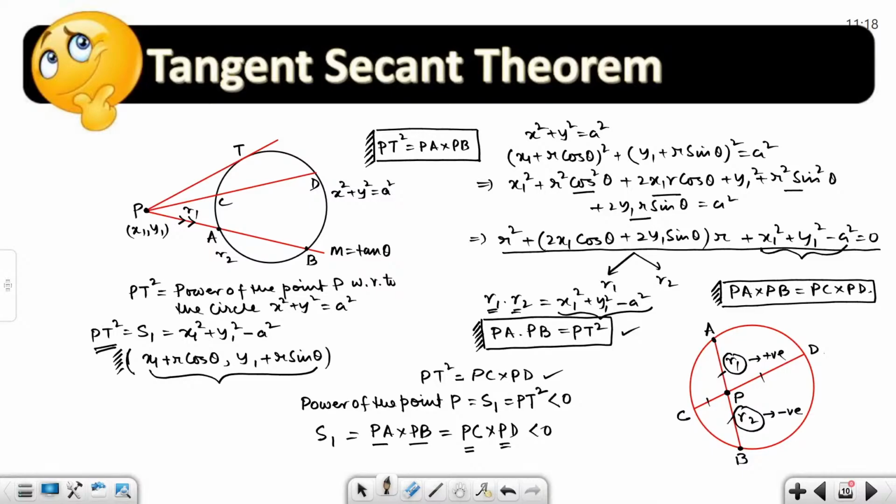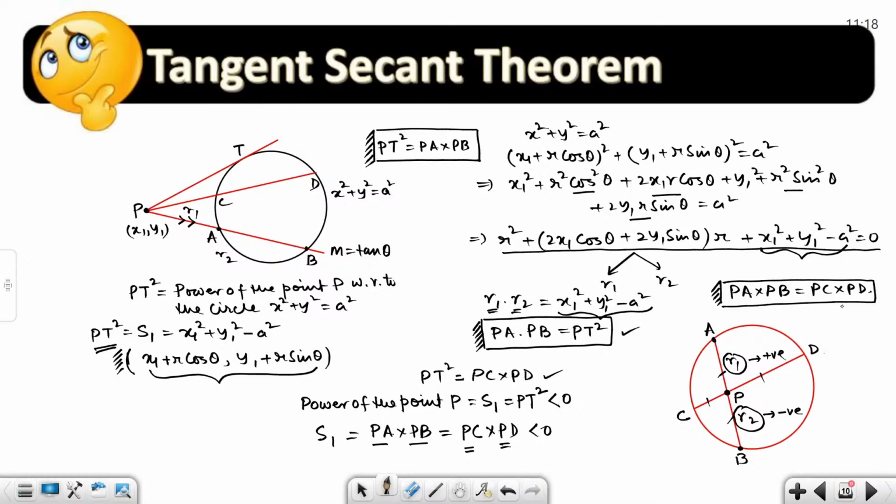Is this clear? So we will simply remember in this way that whenever the point is outside the circle, your PT square, which is actually the power of the point P, is equal to your PA into PB. And if you draw 2, 3, 4 or more than one secant there, then the condition PA into PB equals PC into PD holds true.